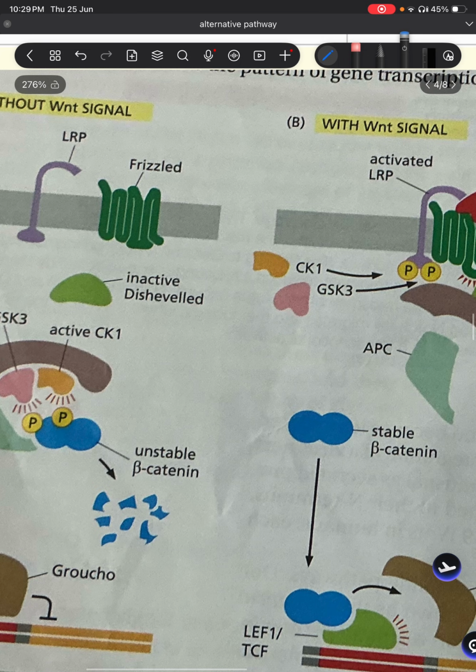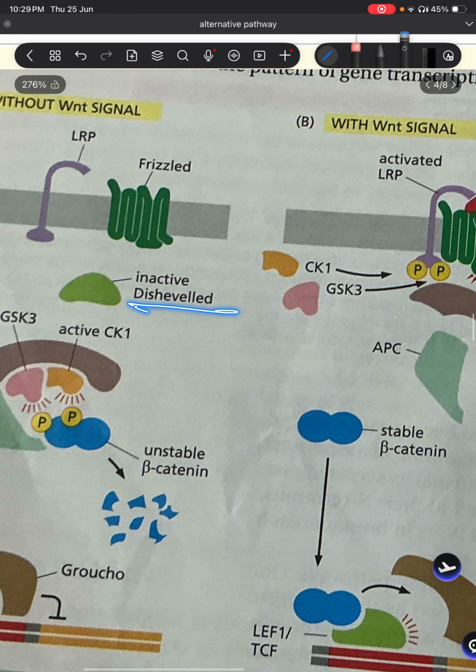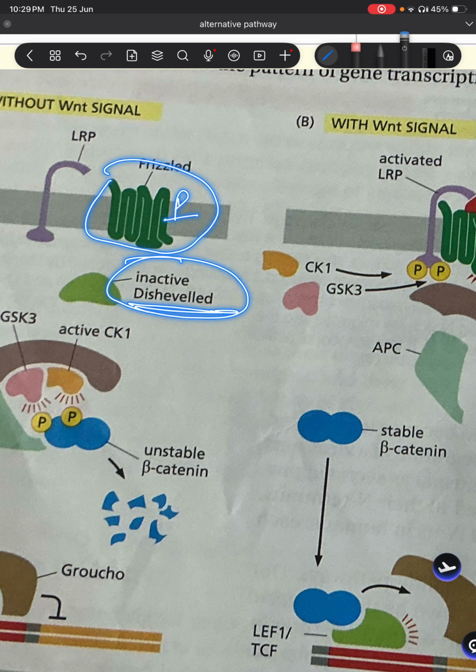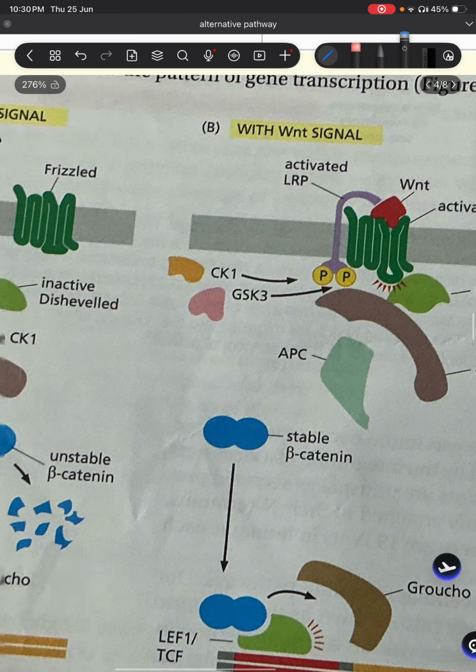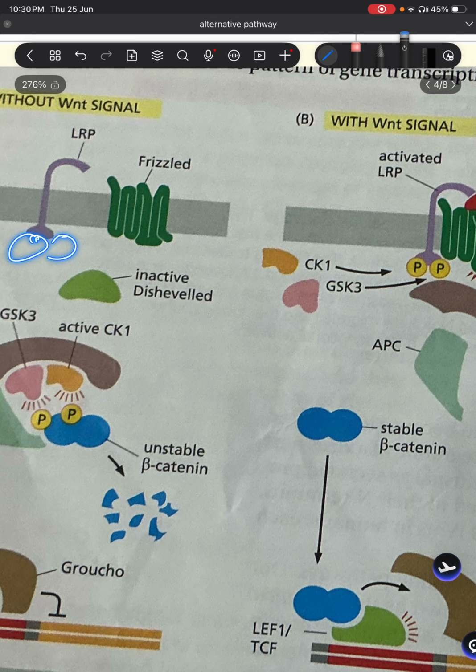It is present there, but in an inactive form because it is not phosphorylated. But here it is activated, right? Phosphorylation will be here.